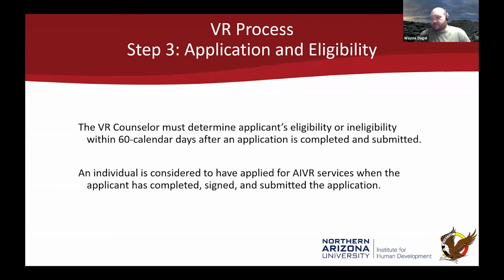So make sure that when you're doing your mail out applications, there's either no signature line on it and you would do an interview with the individual to get a signature, or there's some way to track that that's being done correctly, because you have 60 days from the time the consumer signs the application.